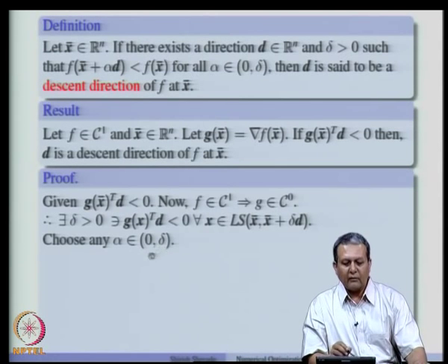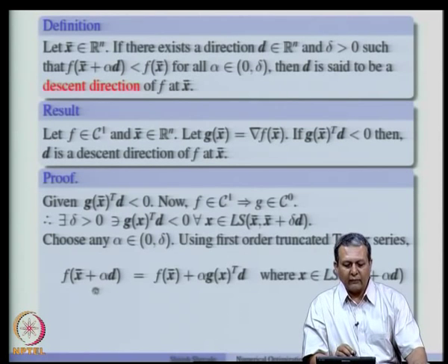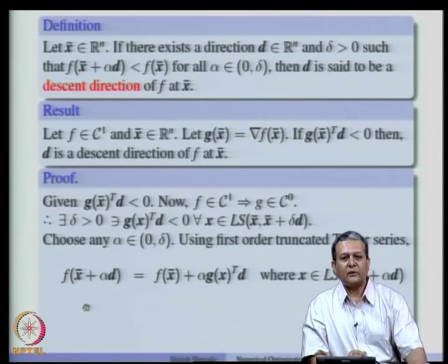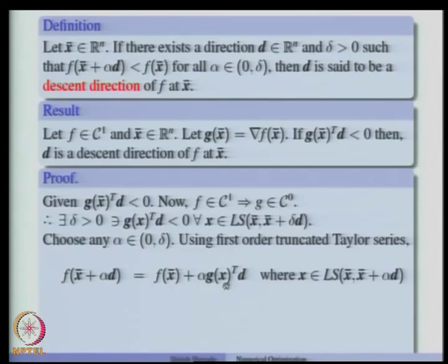So, let us choose any alpha in the open interval 0 to delta. If we use the first order truncated Taylor series, then f of x bar plus alpha d is nothing but f of x bar plus alpha g x transpose d, where x is a point on the open line segment joining x bar and x bar plus alpha d.